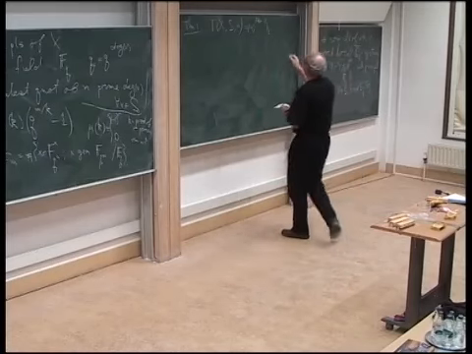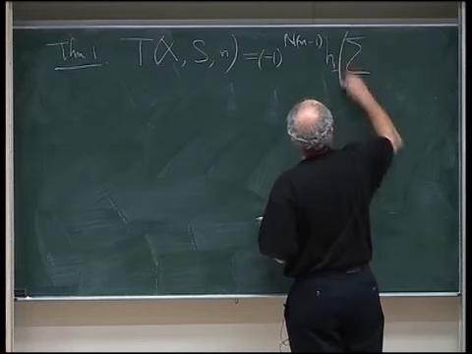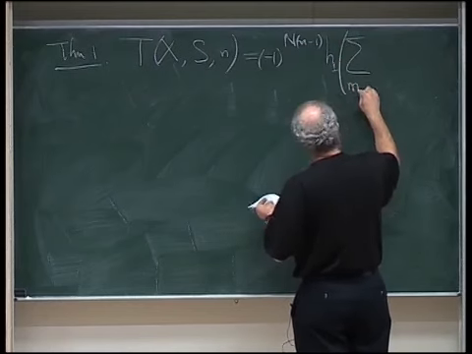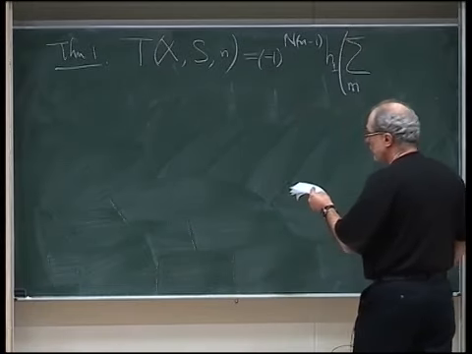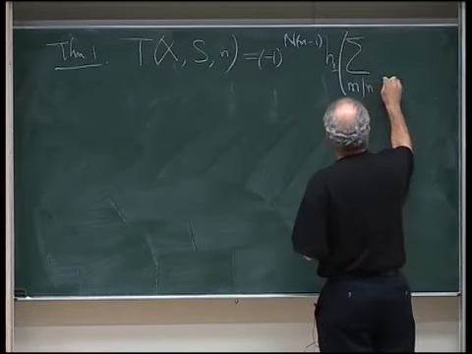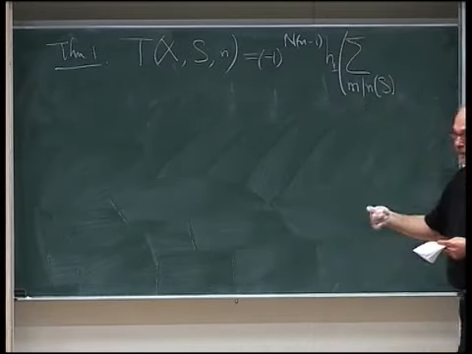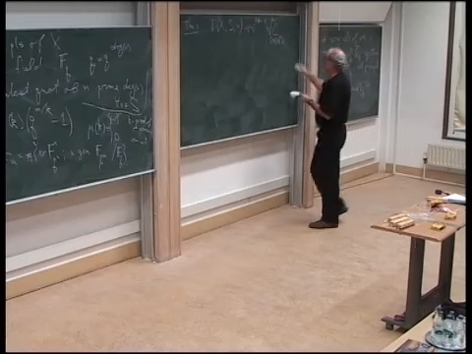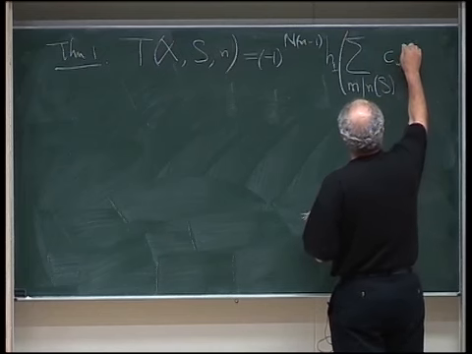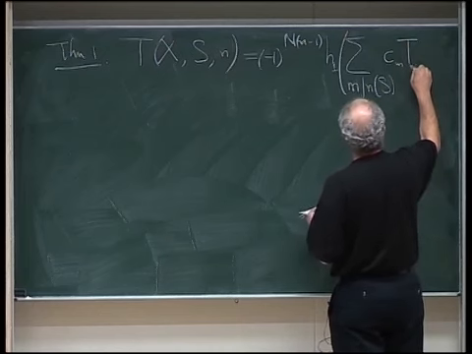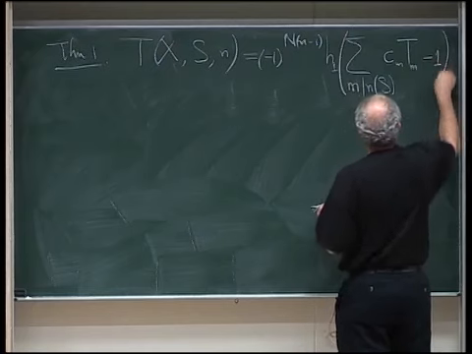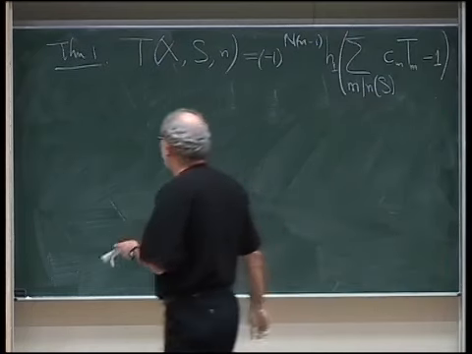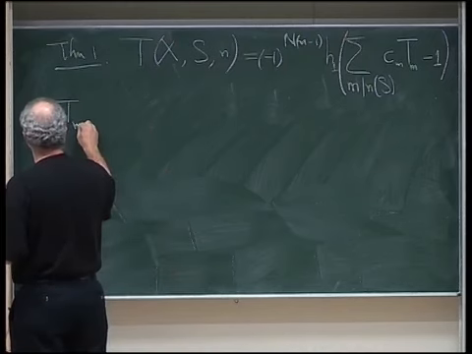Then there will be a sum over all positive integral divisors of the number ns, which divides n, of the number cm, some other numbers tm, minus 1. I just have to tell you what these numbers tm are.